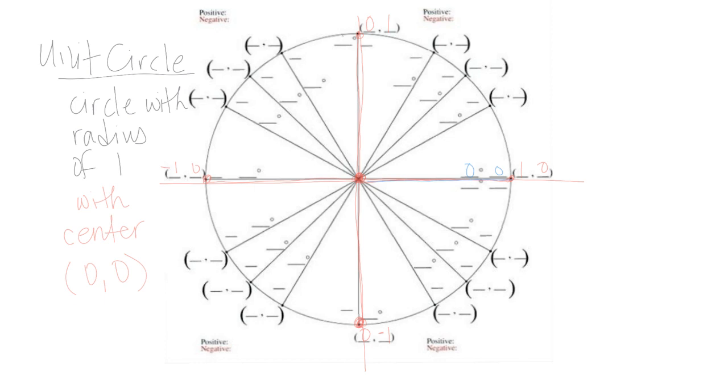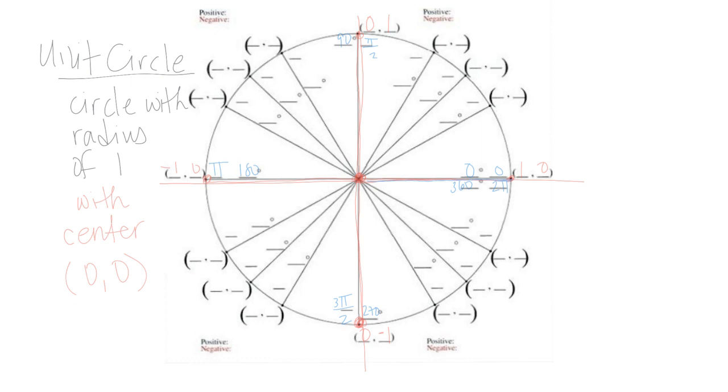Up here, we know that this is 90 degrees, or pi over 2, and that has a terminal point of 0, 1. Over here, the -1, 0 point is equivalent to 180 degrees, or pi. And then down here, this is equivalent to 270 degrees, or 3 pi over 2. And then if we went full circle, that's 360 degrees, or 2 pi, and that has a terminal point of 1, 0, the same as 0 degrees and 0 radians.